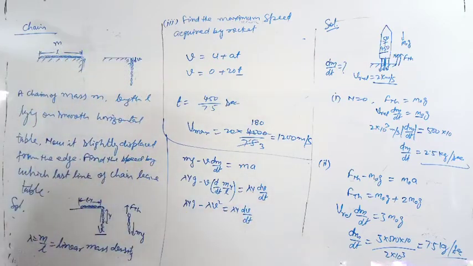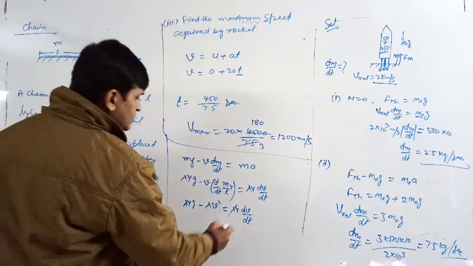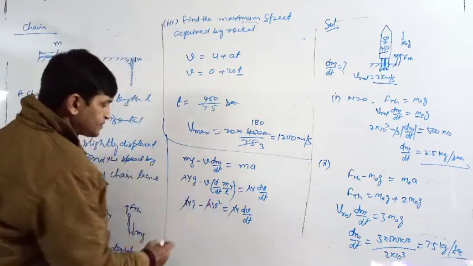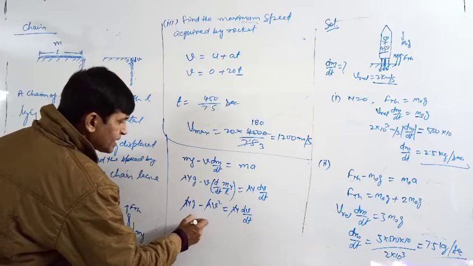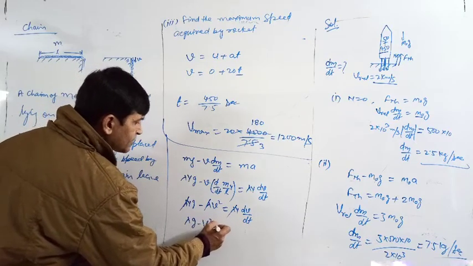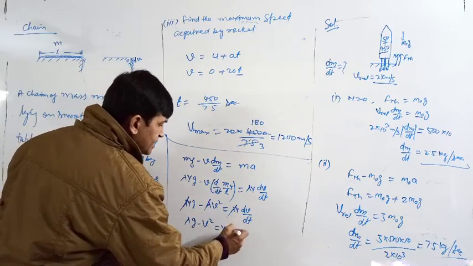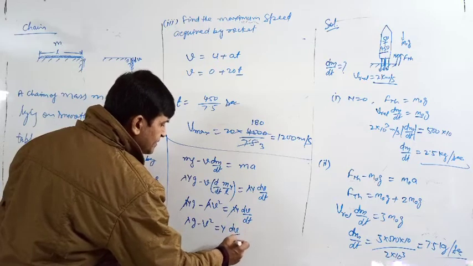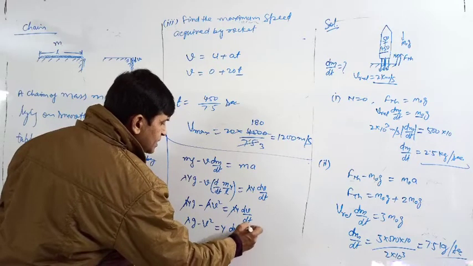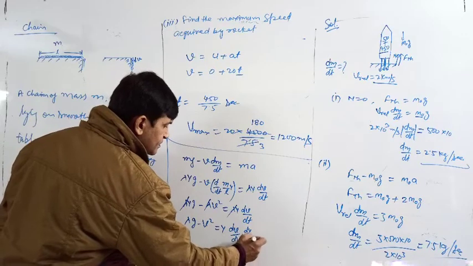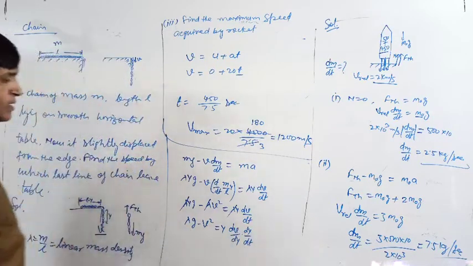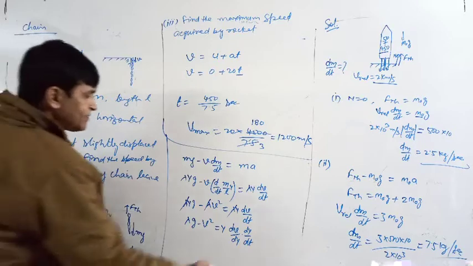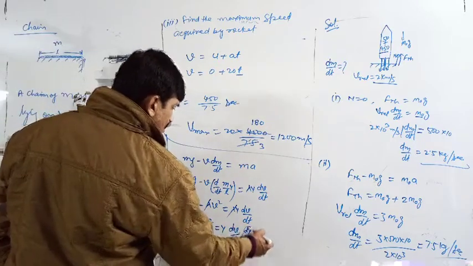Lambda cancels. Now g minus v square over y... precisely, lambda g minus v square equals y dv by dt, further written as y dv by dy into dy by dt, and dy by dt is the velocity.